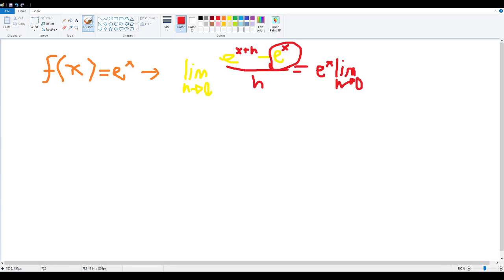Obviously, I can't go much faster than my writing. As h tends to 0 of, now we have e to the h minus 1 divided by h. So that's quite simply what we're looking for here.